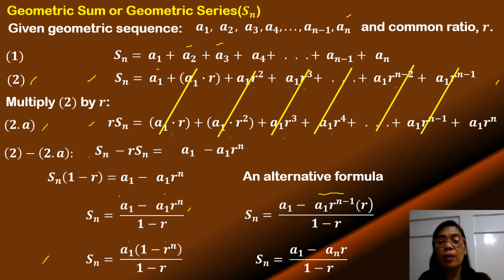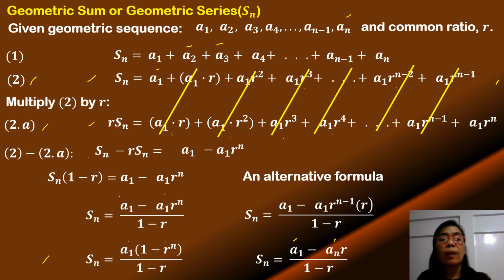So we have now another formula for the sum of the terms in a geometric sequence: s sub n is equal to a sub 1 minus a sub n times r all over 1 minus r. This formula is used if you know the first term, the last term, and the common ratio r.